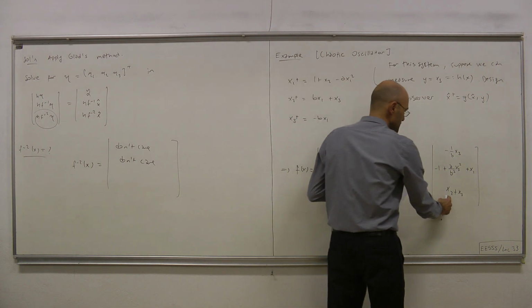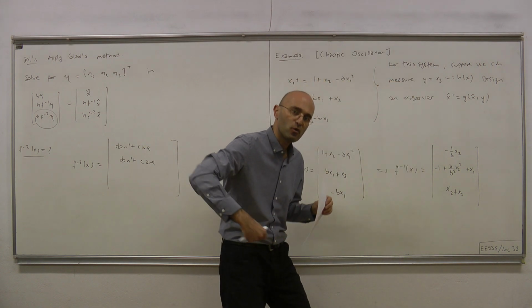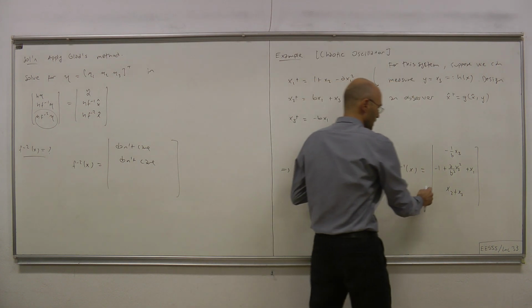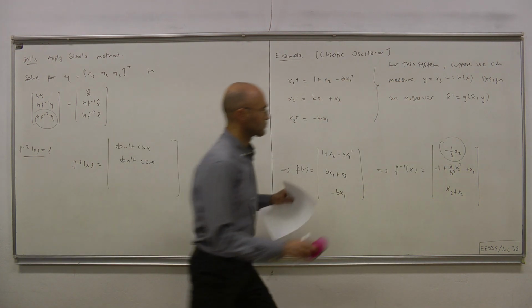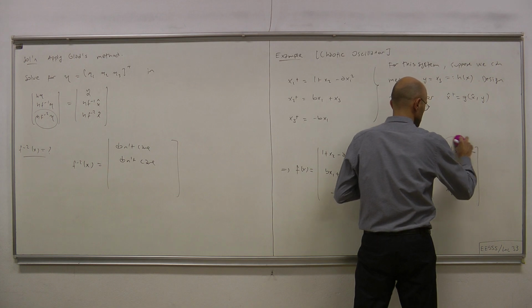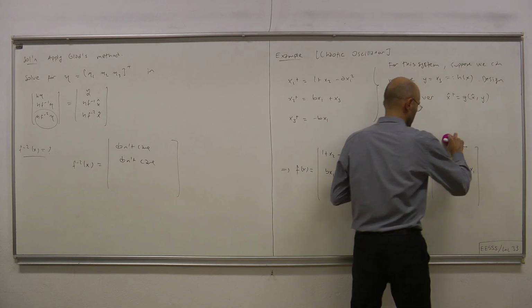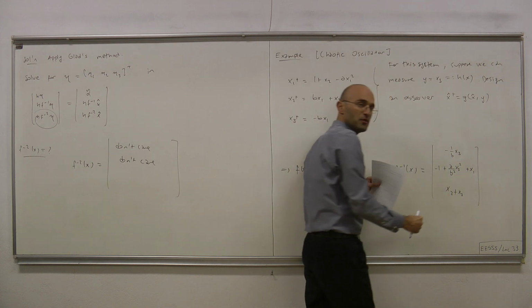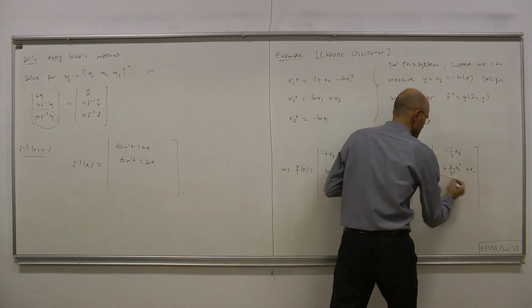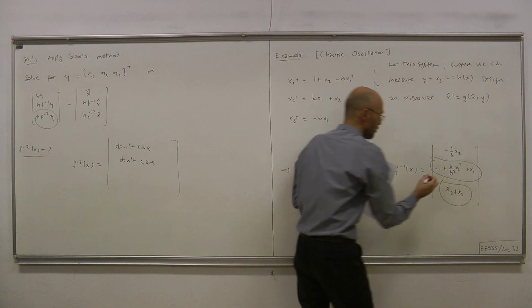So the third entry is x2 plus x3. So if you apply once again f inverse, you have to add the second and third entries of f inverse. So this is our second entry and this is our third entry.